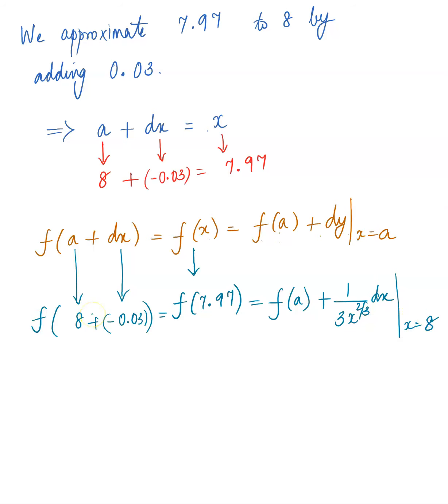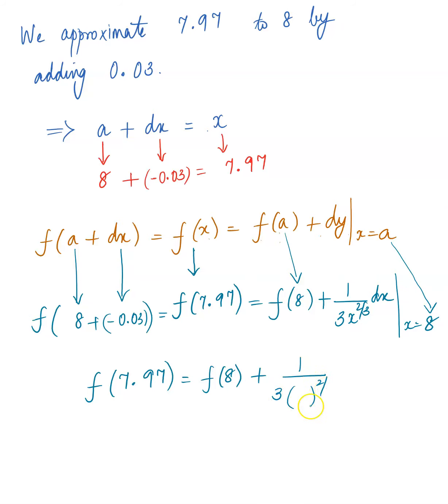So I'm rewriting everything here, and here let me write the a as 8. A is 8. So I plug them all in, and I'm going to make it simpler: 1 over 3 times, x is 8, right? So the 8 goes in there, times dx. We saw the dx was negative 0.03. I'm going to plug those in there.